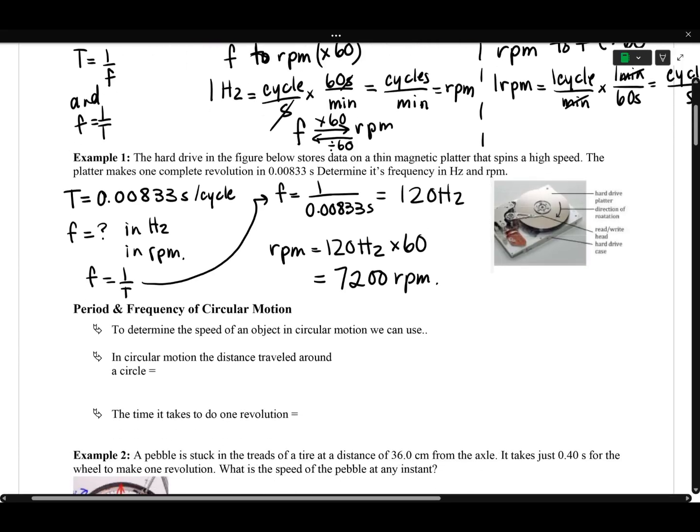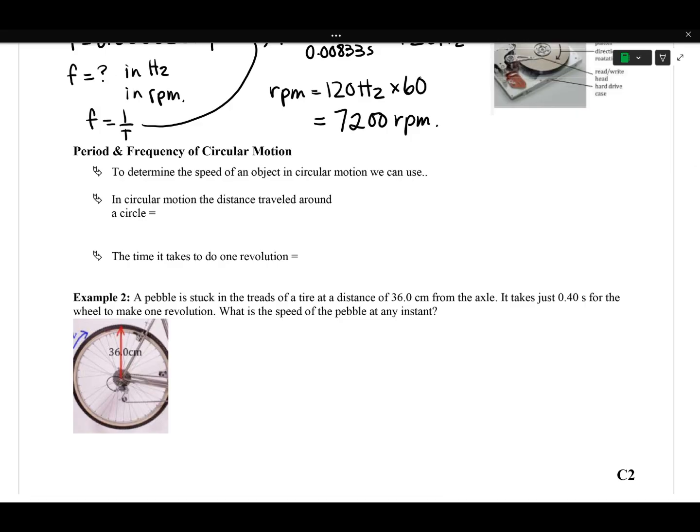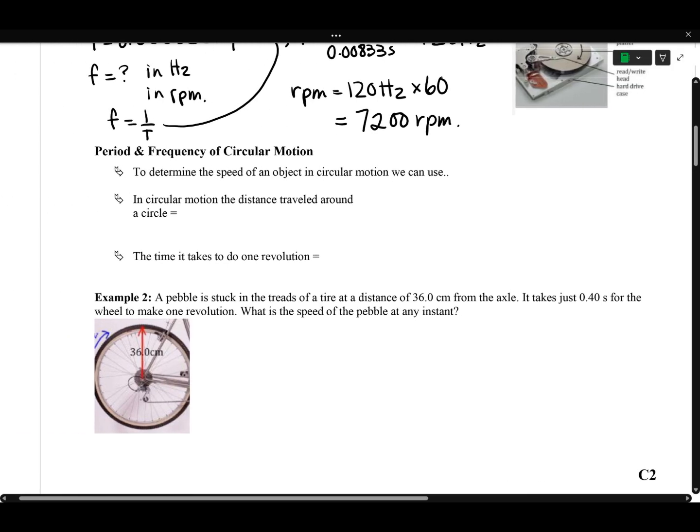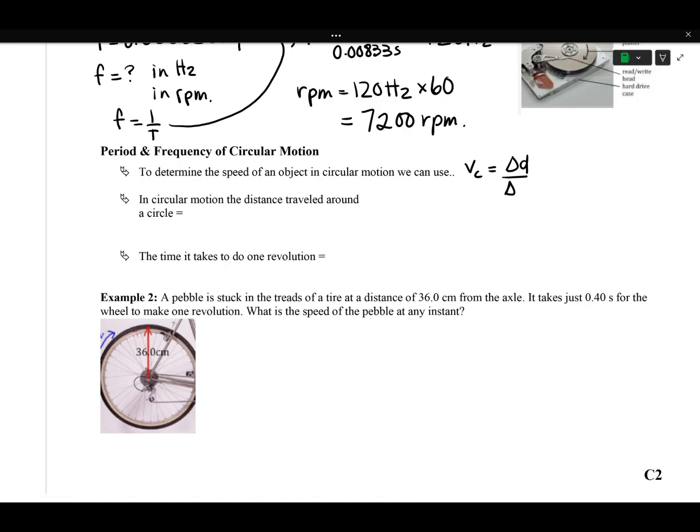Okay, so let's relate period and frequency of circular motion. To determine the speed of an object that's moving in a circular pathway, we can just use the average speed equation. So we can go v circular is equal to the change in the distance over the change in the time.